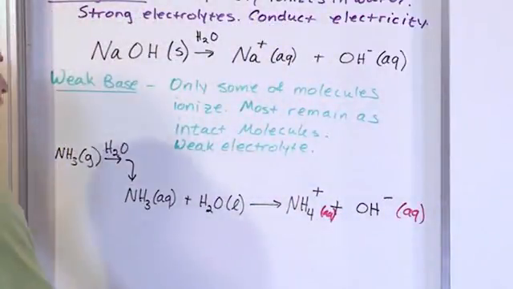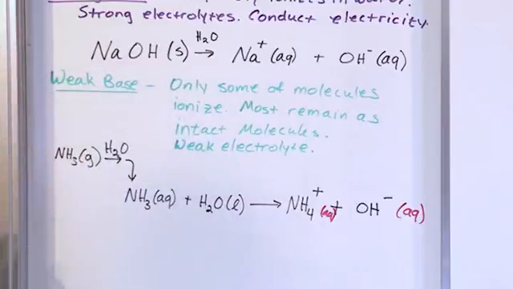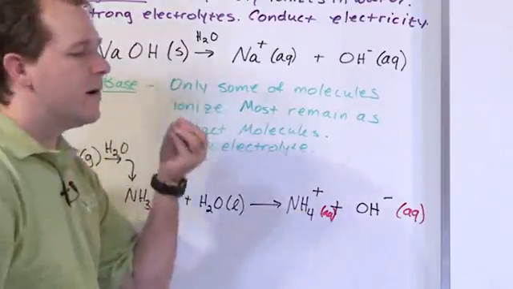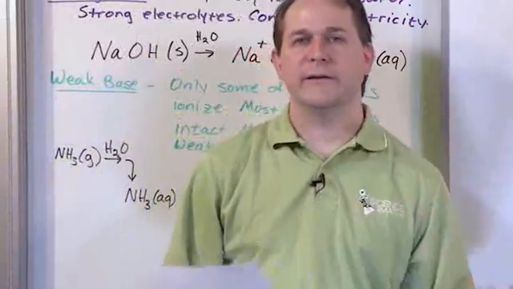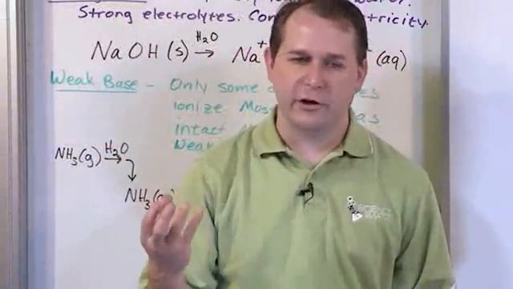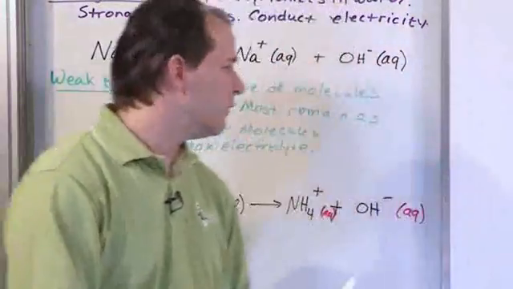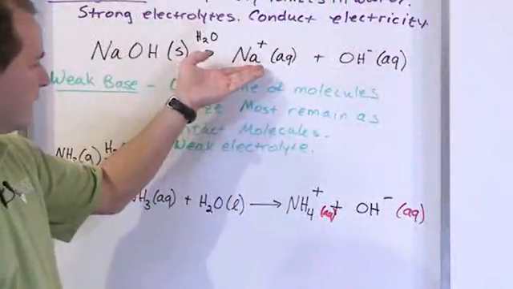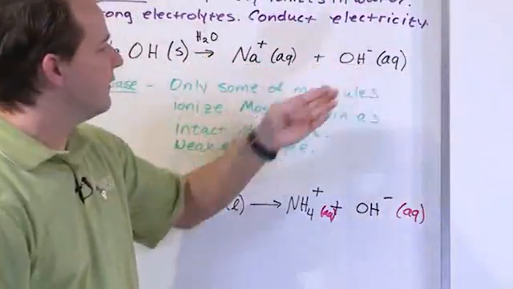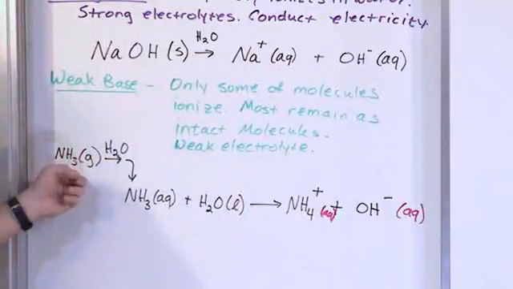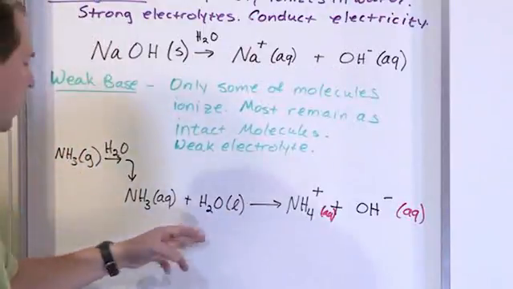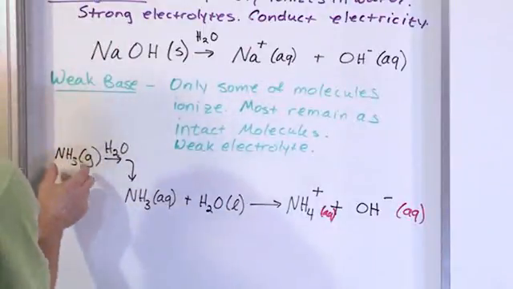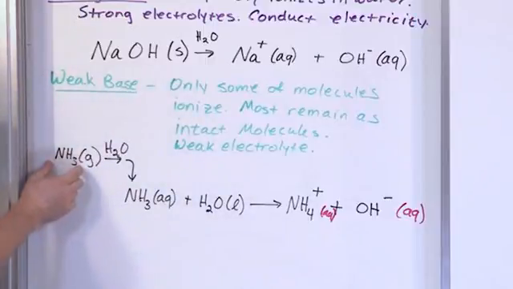So this is just another way that a different substance forms a base. Typically, 99% of the time, all you need to know is that it's a substance you get off the shelf, you put it in water, and it breaks apart. Some of it goes into whatever the other metal is, and some of it goes into hydroxide ions. This is a special case. If you take ammonia and put it in water, it doesn't just break off. Notice there's no OH here.